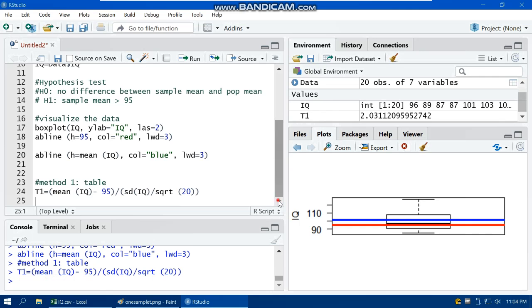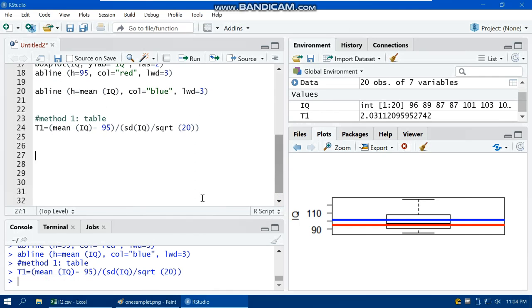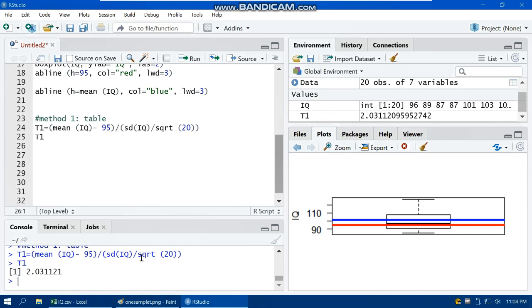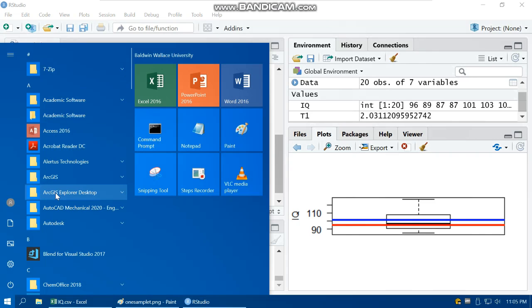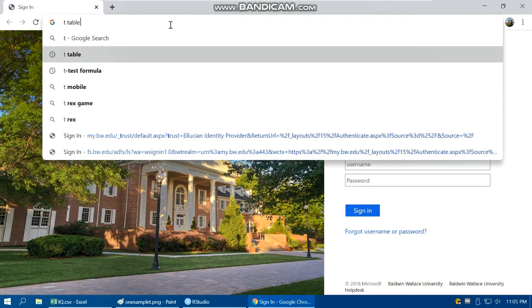I can type it here. So that's the t statistic that I have, 2.03. We need to compare this t statistic with the critical value. So how can I compare it? What is the critical t value? I can find it if I Google t table.